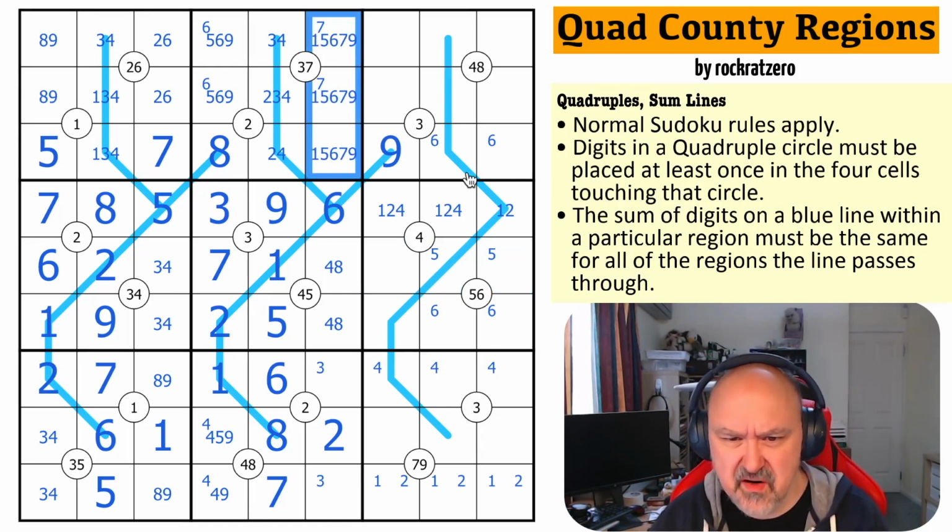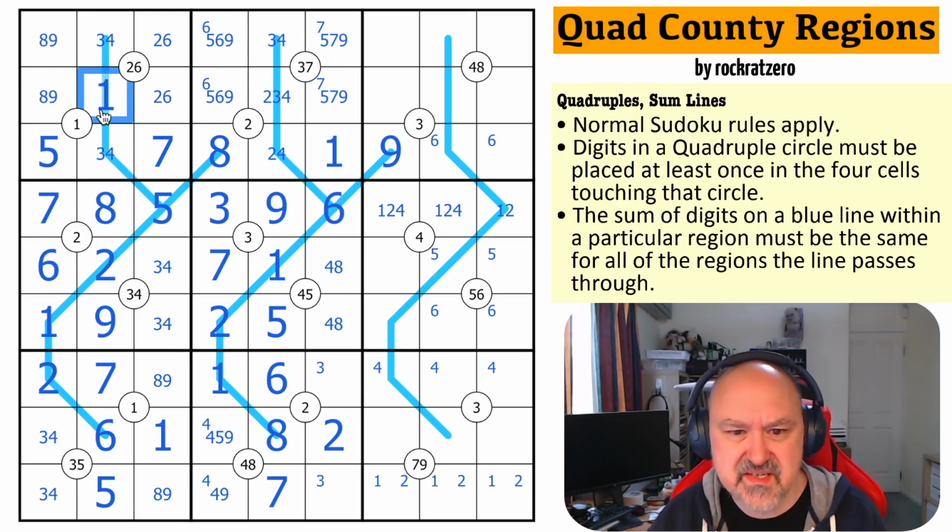Now 1 and 7 must be up here, and it can't have 6. So 1, 5, 7, 9. There's no 7 or 5 there. So this is the 1. So this is 5, 7, or 9. So there's no 1 here. So this is the 1.